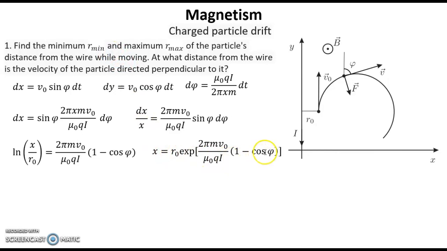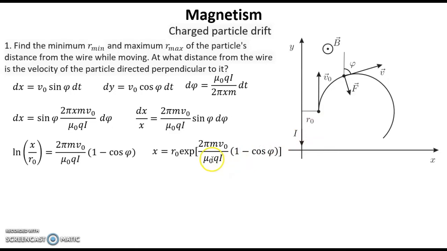So we have the minimum of this function when cosine phi equals 1, and the maximum when cosine equals -1. In the first case we have our initial position, when the particle is going vertically, and when cosine equals -1, the particle is going down, and that's the furthest position.